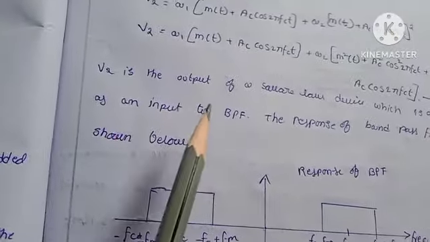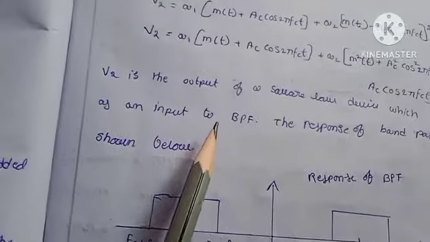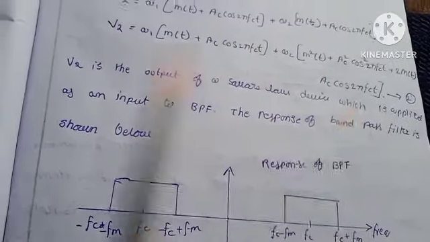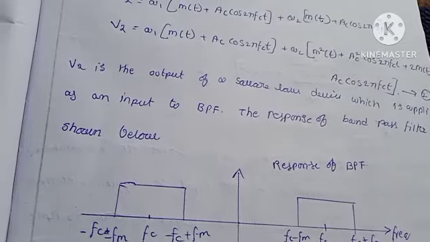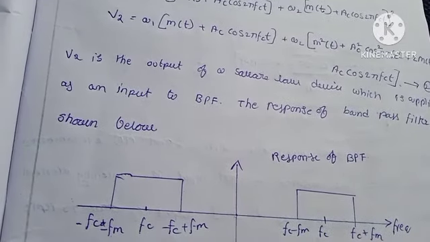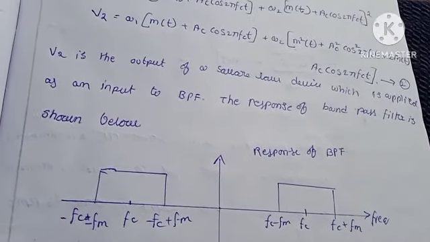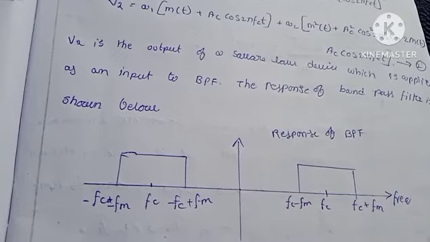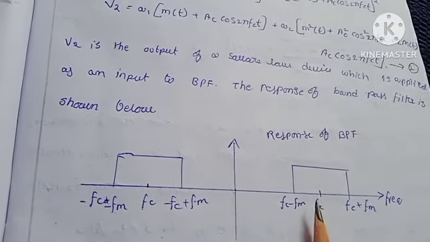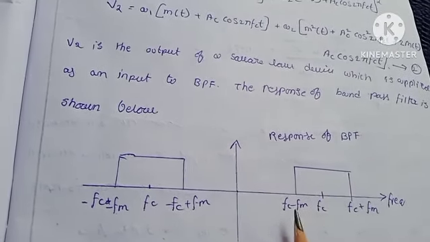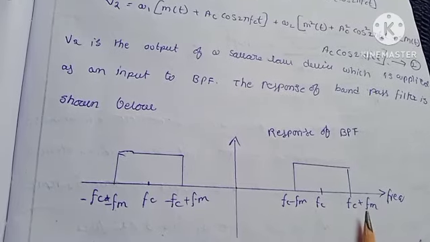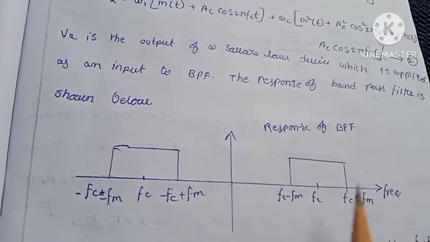V2 is the output of the square law device, which is applied as input to the band pass filter. The response of the band pass filter is shown below. It allows only these frequencies, fc minus fm to fc plus fm frequency components only.